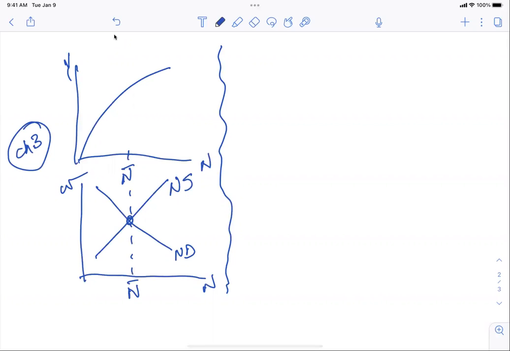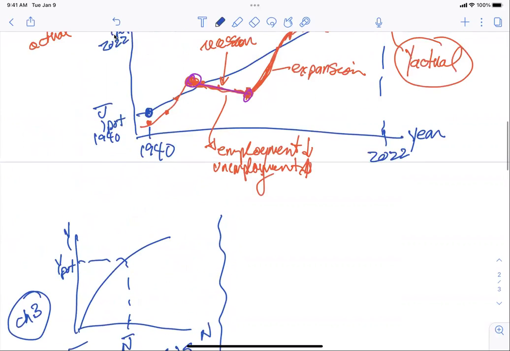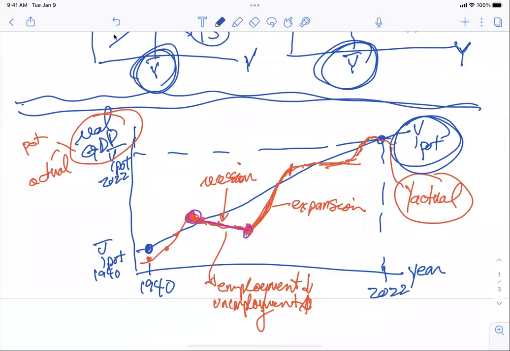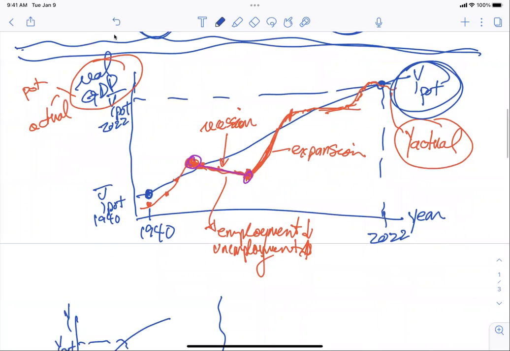So here's the full employment, general equilibrium level of GDP, potential GDP. This is not the actual line, right? This is the potential line. What we're going to be interested in is what causes deviations between potential and actual GDP, because that tells us what happens in the business cycle in the short run. Potential GDP is what's happening over the long run, over a decade, two decades, a century.